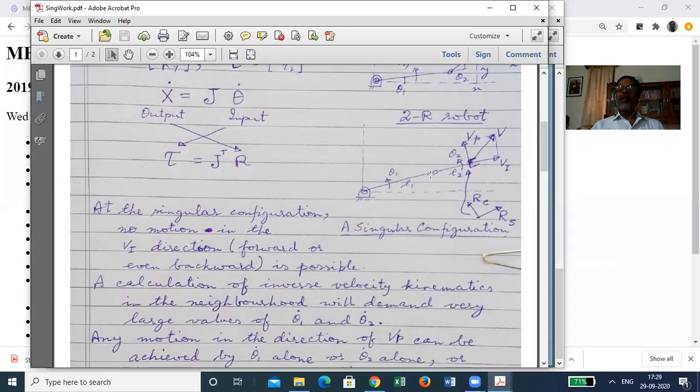You cannot get it because any motion here gives a motion in this direction only. Any motion here also gives a motion in this direction only. So there is no possible motion in this direction as well as the outward direction.